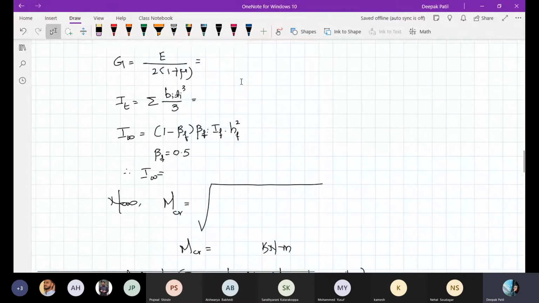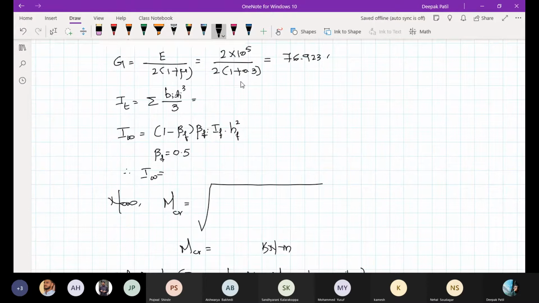G equal to E divided by 2 into 1 plus mu, where E is the Young's modulus, which is 2 into 10 raised to 5 Newton per mm square, and mu is the Poisson's ratio, which is equal to 0.3. This comes out to be 76.923 into 10 raised to 3 Newton per mm square.